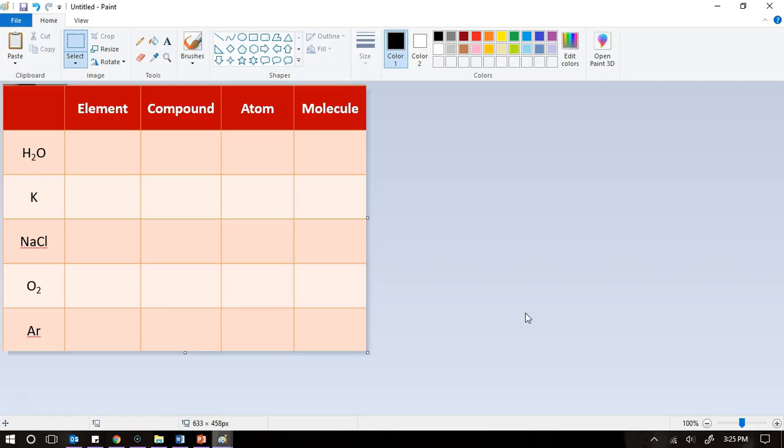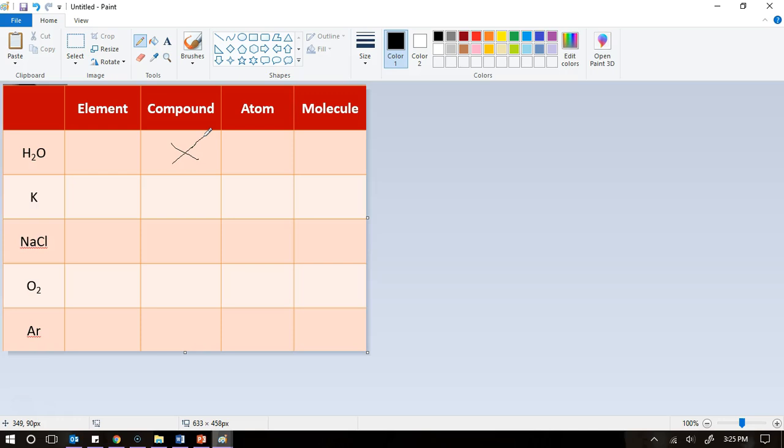Okay, so am I dealing element or compound? Well, by definition, compound is two or more elements joined together, and in this case I've got elemental hydrogen and elemental oxygen in the same molecule, which means I'm dealing with a compound. Okay, and just like that, that throws that term atom out the window.